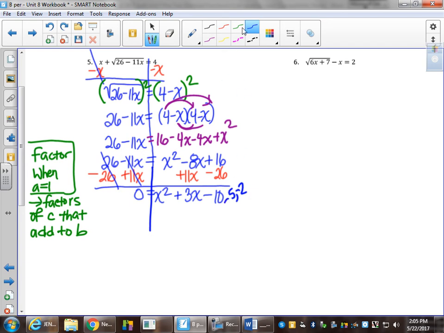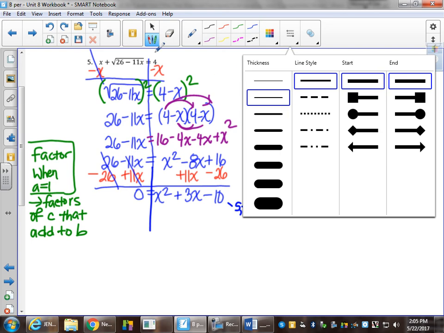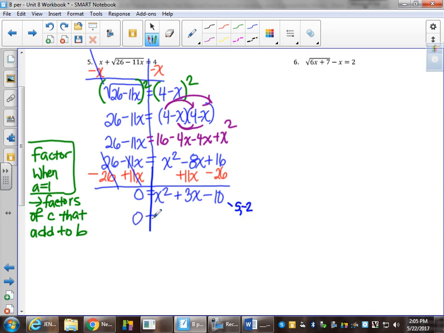So this factors to be, I don't like how I wrote that, so I'm going to rewrite it. What factors will I write? x plus 5, and then x minus 2. To solve, what will my answers be?